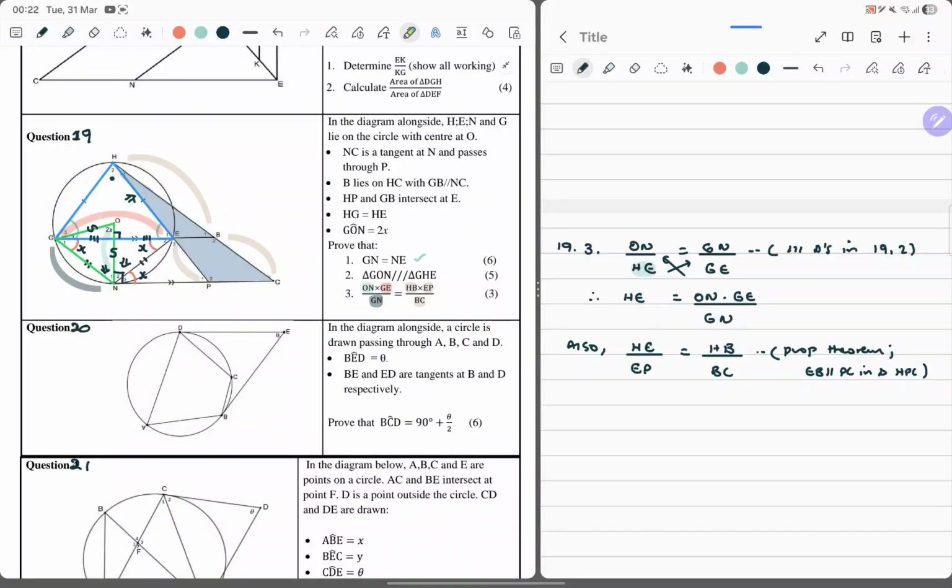I didn't want to say in triangle this and that; sometimes just make the reason make sense. Now again, if we look for HE, we can say therefore HE is going to be HB times EP all divided by BC. Now we can see that this spells out HE as well. So those two are equal. So therefore ON times GE divided by GN is equal to HB times EP over BC.